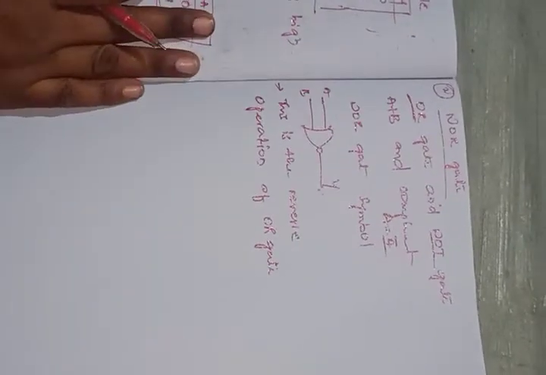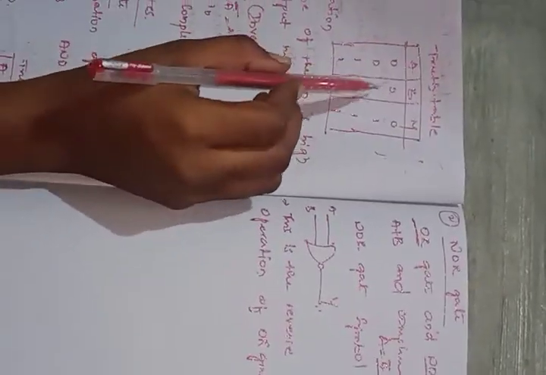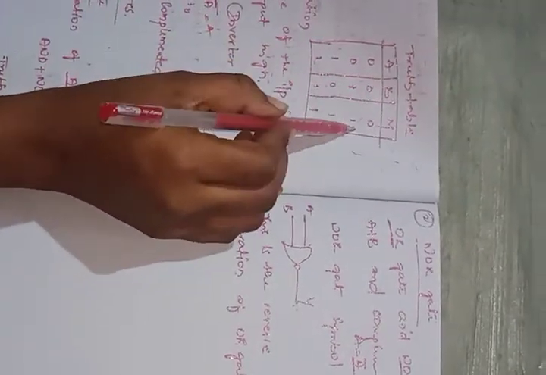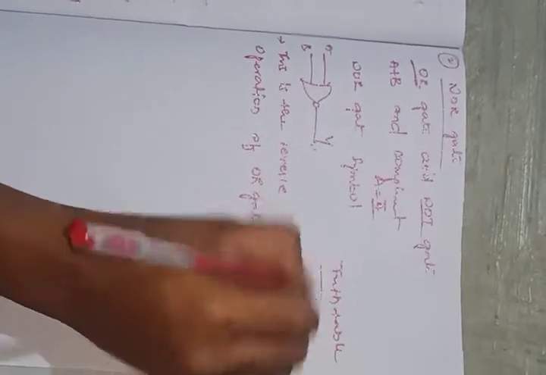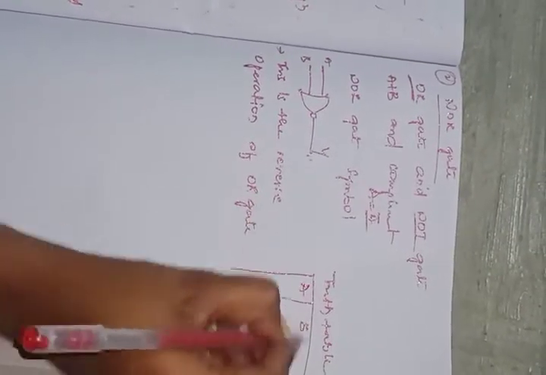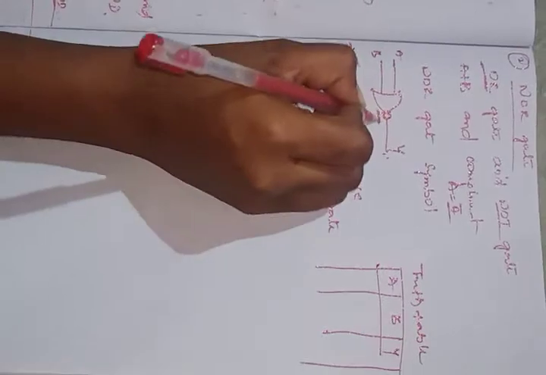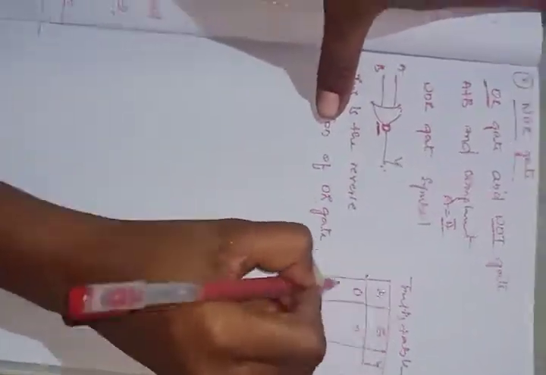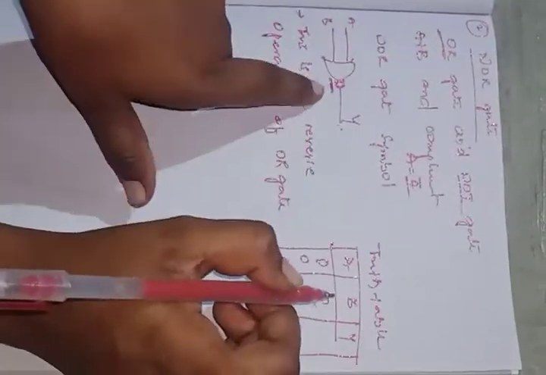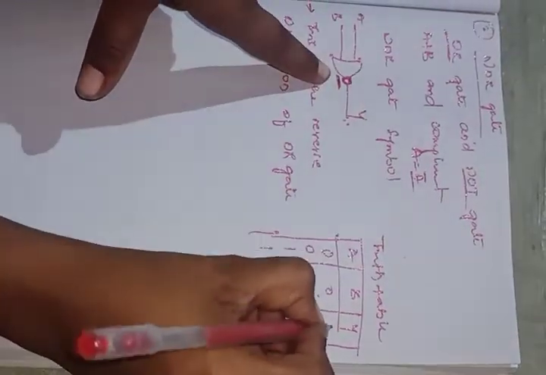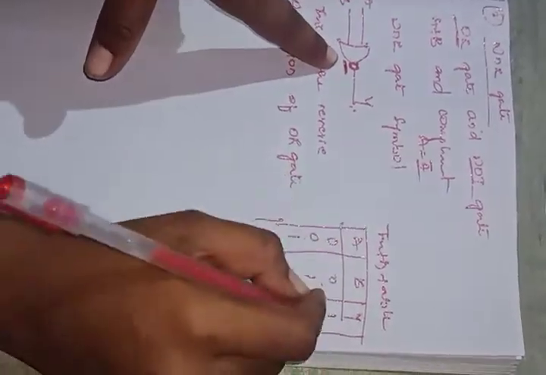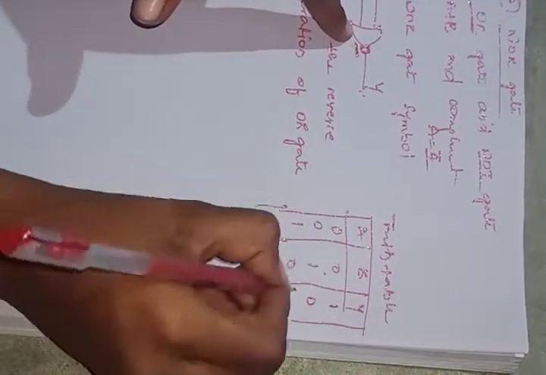In OR gate, if any one of the inputs is 1, then the output is high. But in NOR gate it is reversed, because we added one bubble, meaning it is a NOT gate. 0 0, 0 1, 1 0, 1 1: for 0 0 the OR output is 0, but since we added the NOT gate, it is inverted, so 1. For 0 plus 1 the OR output is 1, but with the NOT gate it is 0, and likewise 0 0.